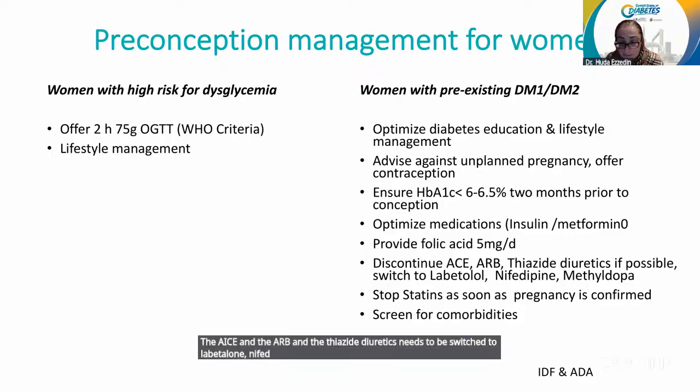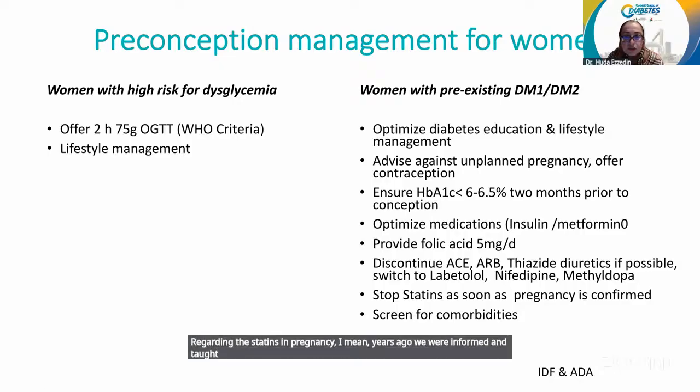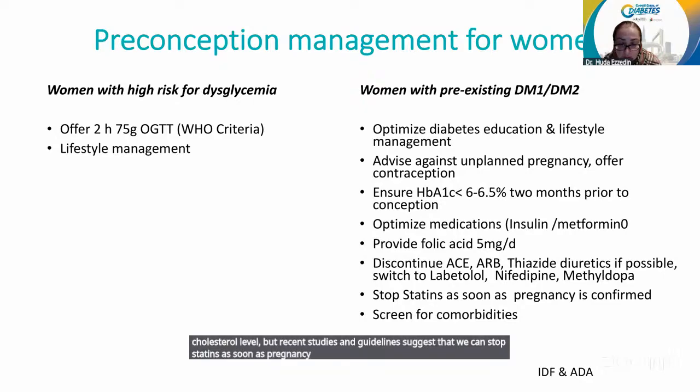and methyldopa. Regarding statins in pregnancy, years ago we were taught that statins need to be stopped 6 months before getting pregnant, but this is a little bit impractical, especially in women who are diabetic and have high cholesterol levels. But recent studies and guidelines suggest that we can stop statins as soon as pregnancy is confirmed.